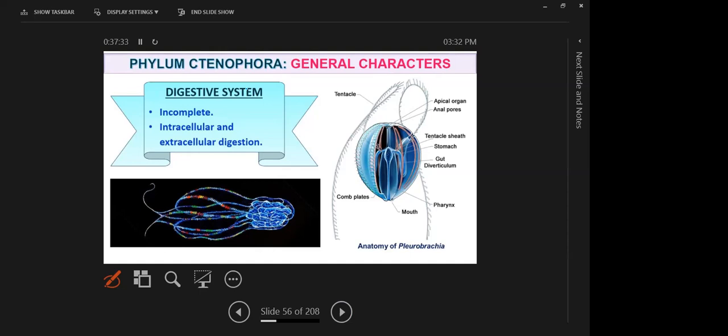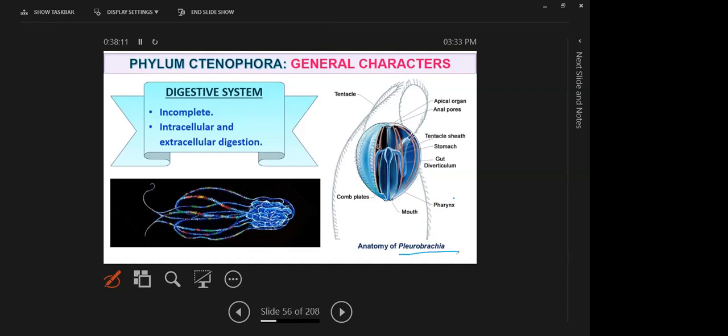Digestion is intracellular and extracellular. Intra means within, intracellular is within the cell, extracellular is outside the cell, in the alimentary canal or gut. Here it is inside every cell.